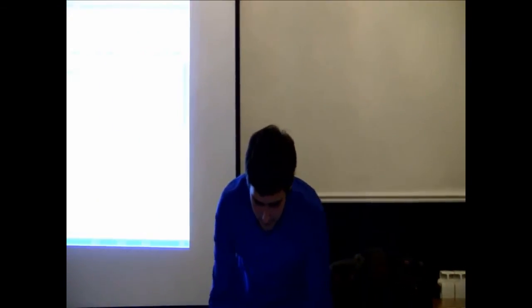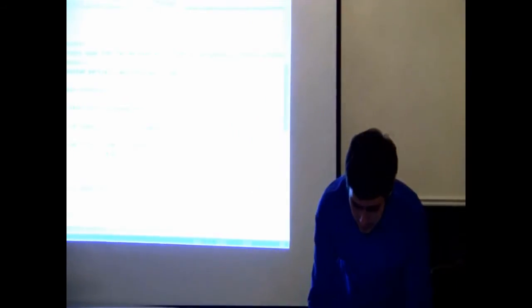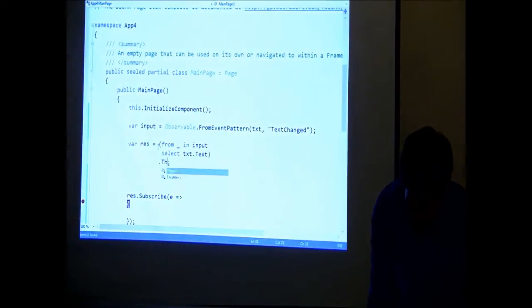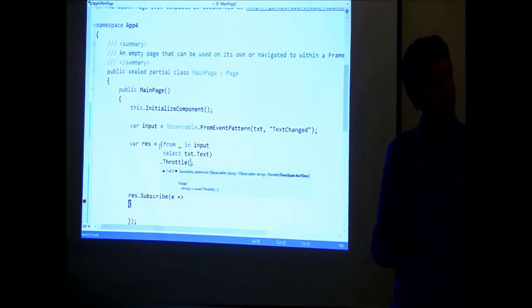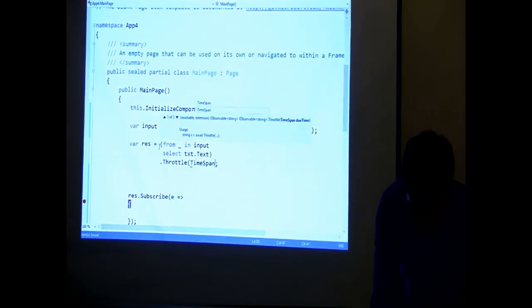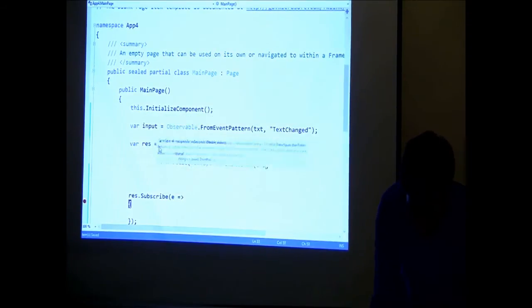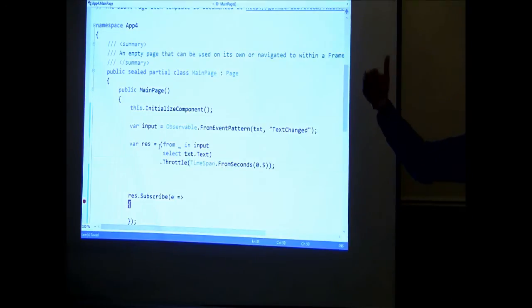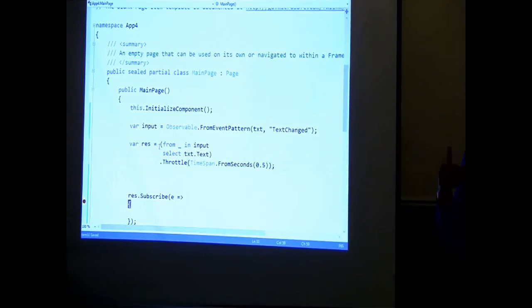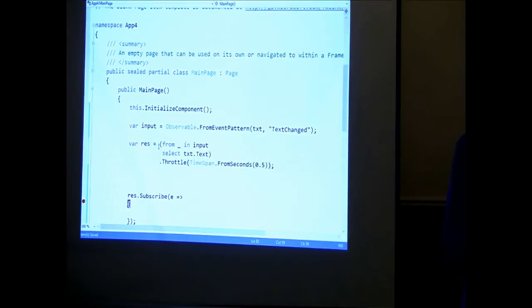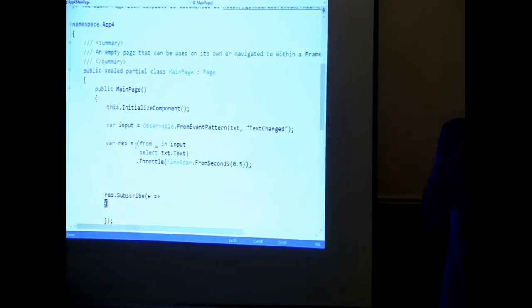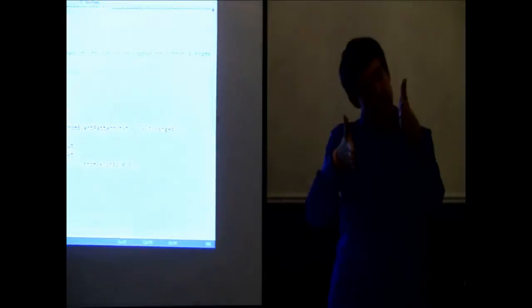So in Rx you just say, I have this event sequence sitting here, and I actually want to throttle it. I want to say, throttle this thing based on a time span of half a second. Which means I have an observable of string, and now I get a new observable of string that, when you listen to it and the source observable is producing values, needs to take at least 500 milliseconds between two events before an event is propagated.